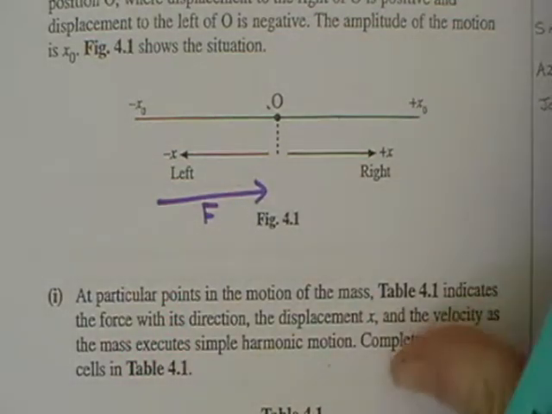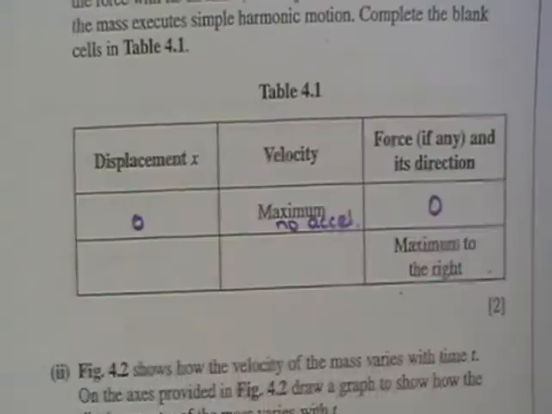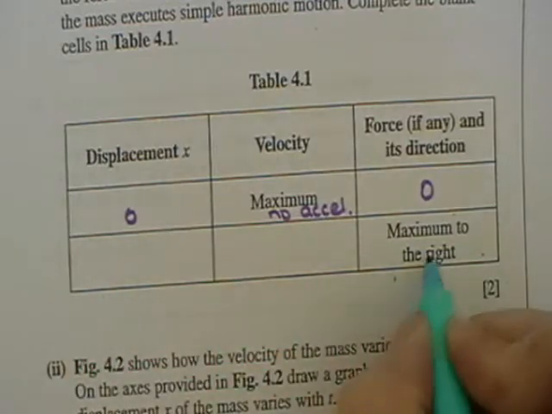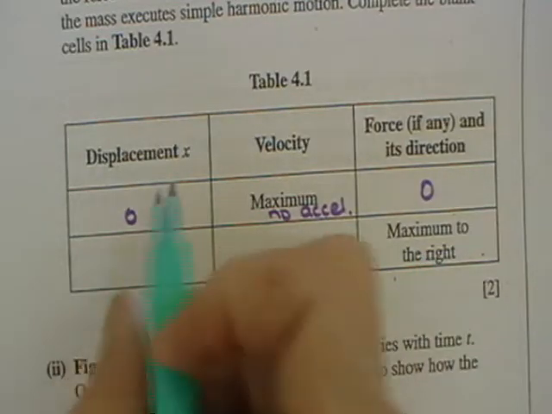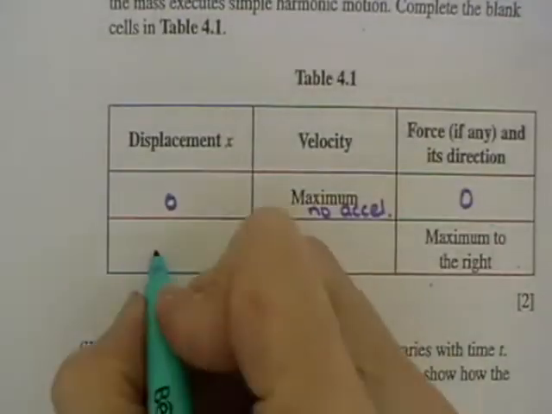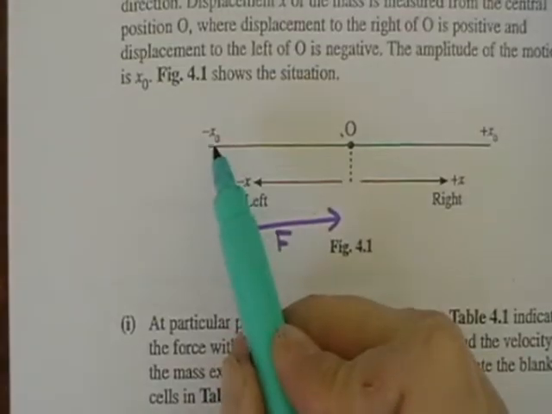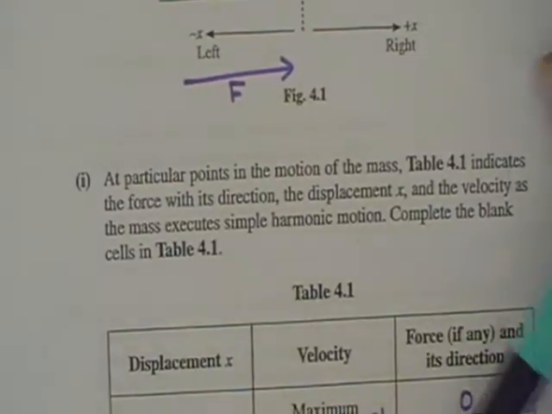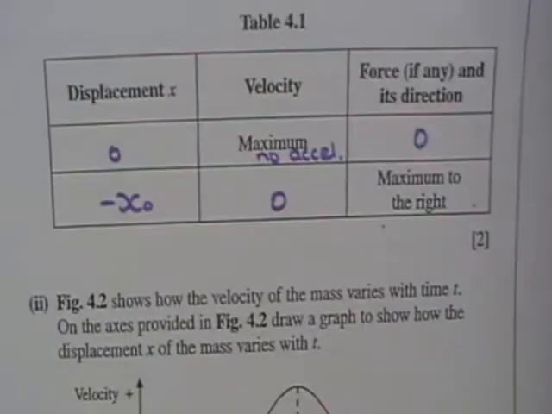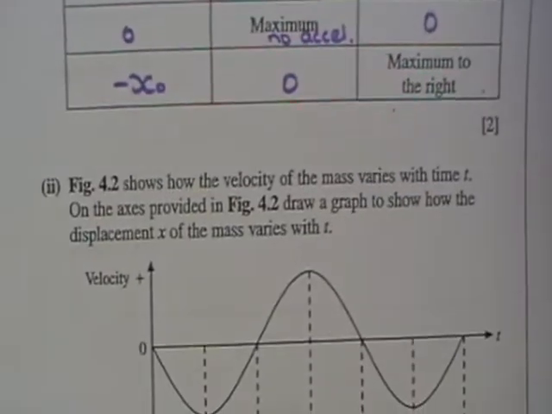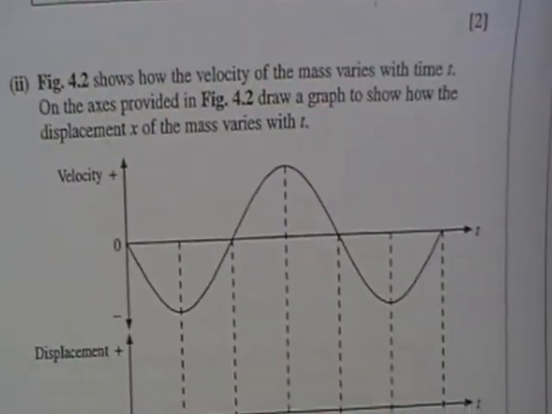And that means that the displacement of the particle is negative. Maximum acceleration occurs at the edges, and therefore it's minus x0. And the velocity at that point where it's changing direction is 0. There's half a mark each for those, and they round down unfortunately, which is a bit annoying.